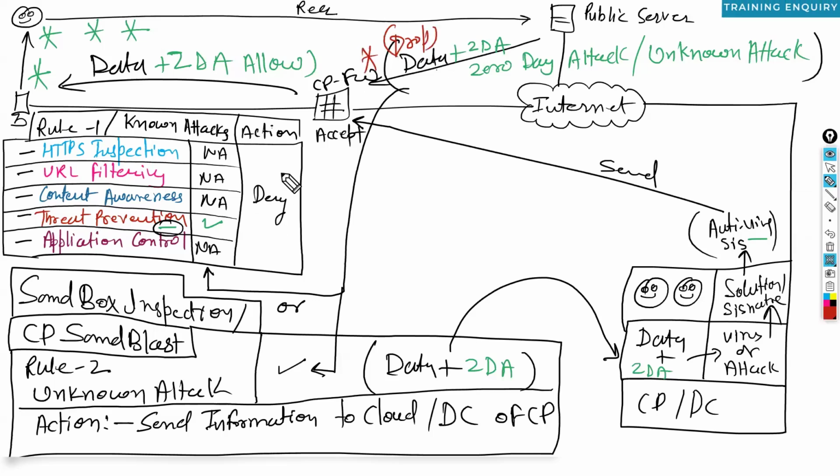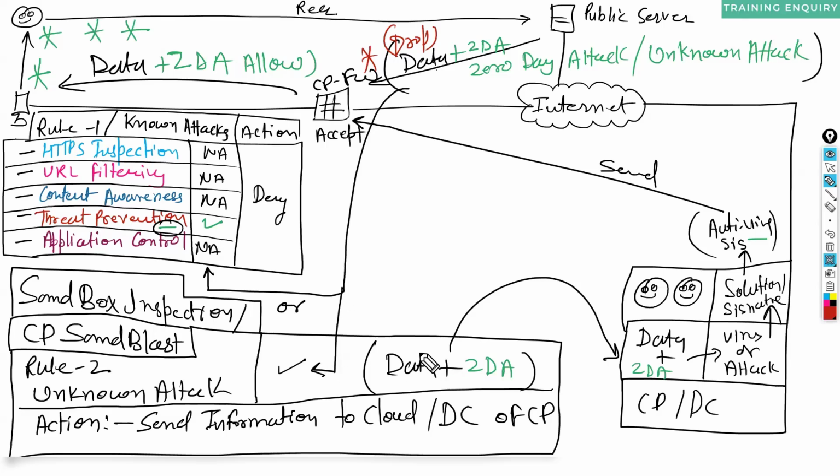Okay, so this is called SandBlast or sandbox inspection. So what is Check Point SandBlast or sandbox inspection? In sandbox inspection, we configure a firewall or IPS in such a way that if you see any file which is not matching with the database, it means it is unknown, and it may be possible it contains an unknown attack.